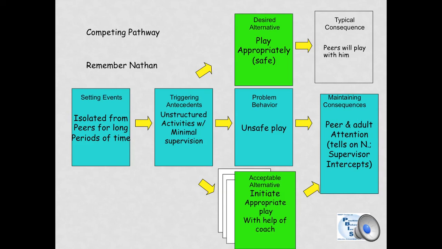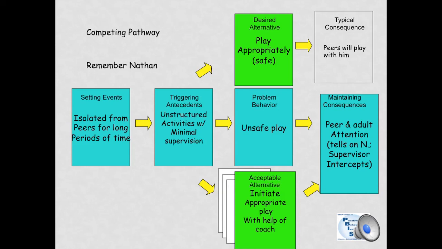If we think about the desired behavior, it's to play appropriately. We want that for all students. Play safely on the playground, and the typical consequence is other students will play with you. The acceptable alternative is to initiate appropriate play with the help of a coach.